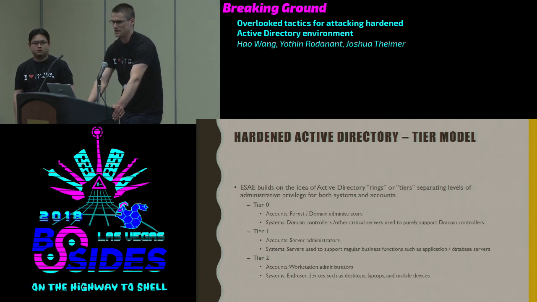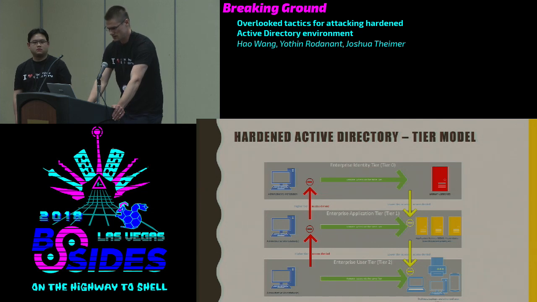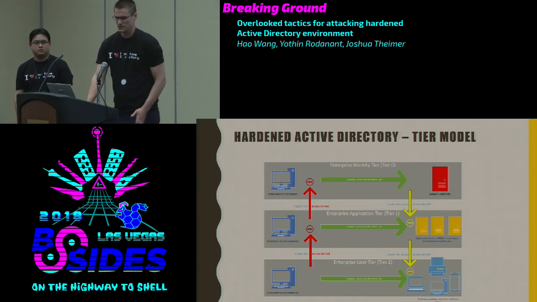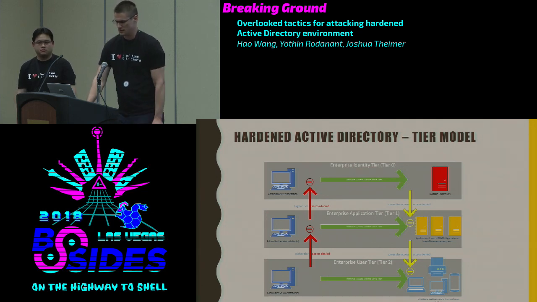All of this is privilege segregation. This is focused on the administrators of these different environments and not necessarily on the specific users within them. So at a high level, if you're in a certain tier, you would have the ability to interactively administer that specific tier.